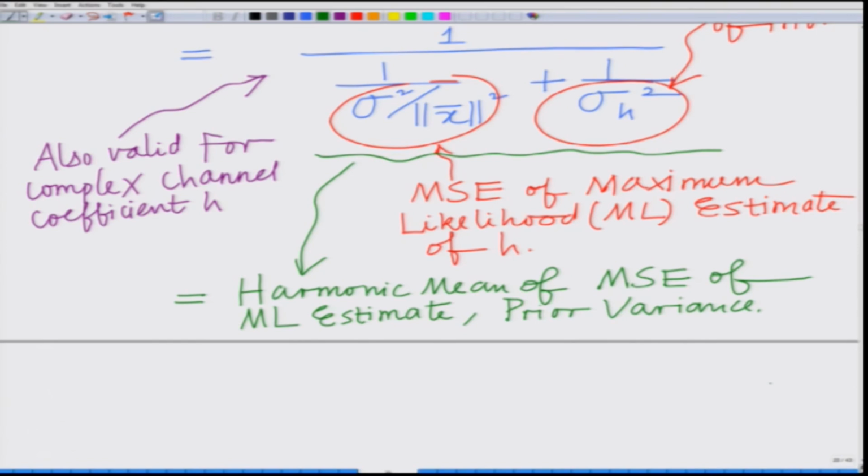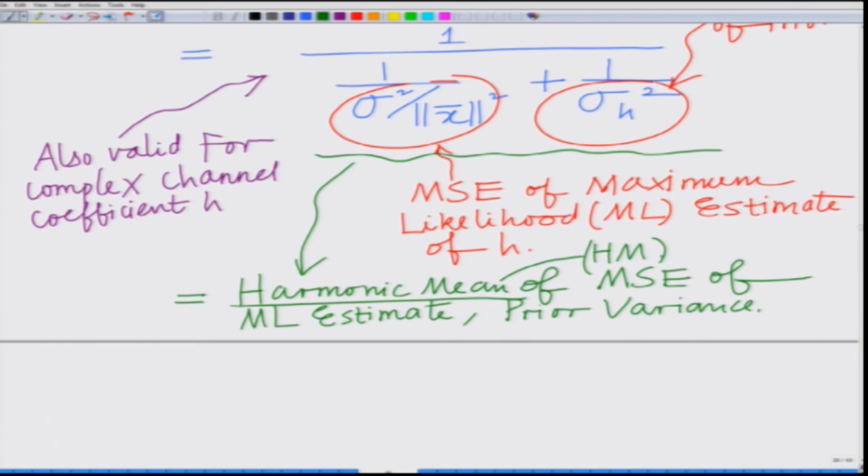Harmonic mean is nothing but, just abbreviate this as HM, the harmonic mean of the MSE of the maximum likelihood estimate and the prior variance. Okay.